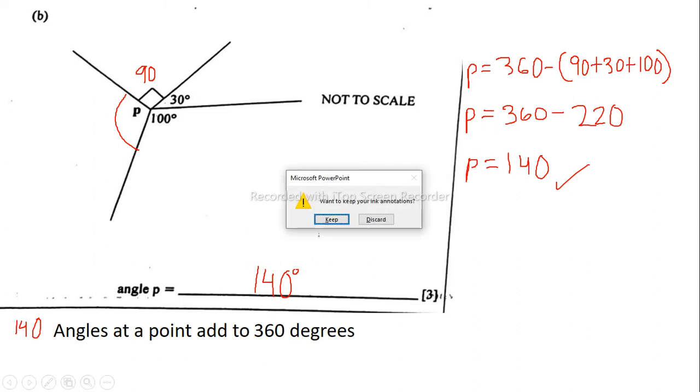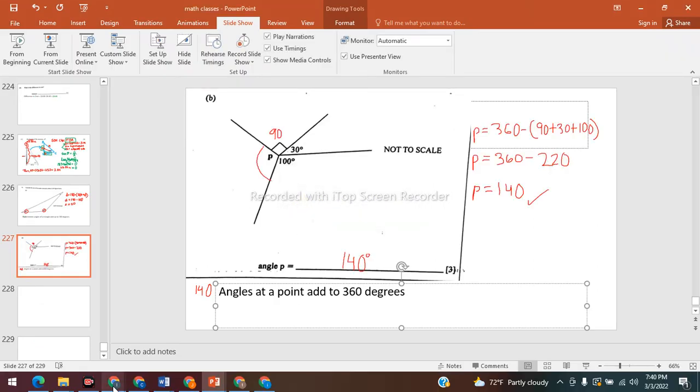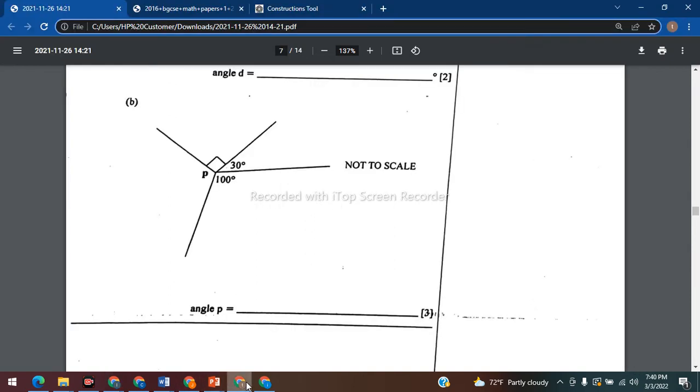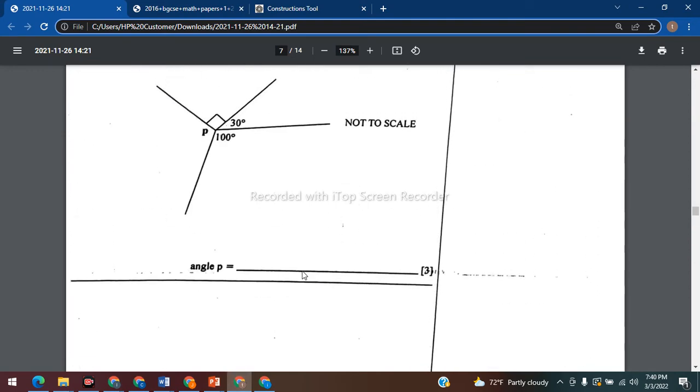So next up is, let's go back here. We already got this one. That's fine.